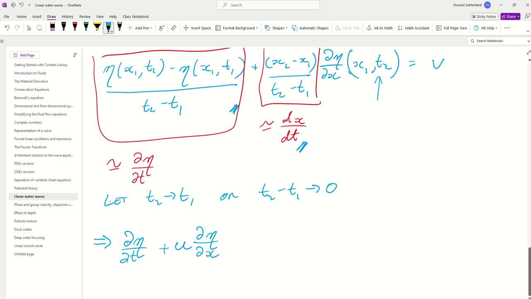This is now at (x1, t1), and I could write that in if I wished. I'm not actually going to because it's irrelevant, because this is at the same coordinate. All of the arguments no longer matter, right? I'm no longer tracking the arguments because I've taken those limits and I'm all at the same point again. So I'm just going to write d eta/dt plus u d eta/dx equals v.